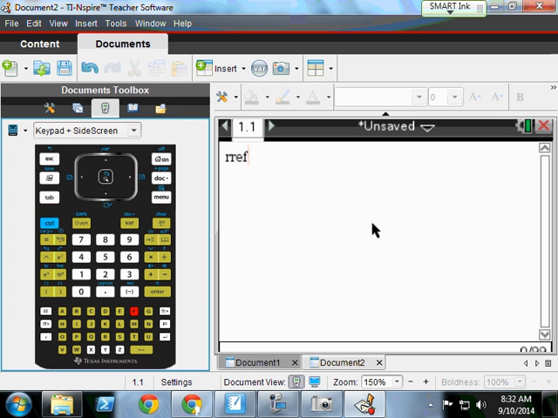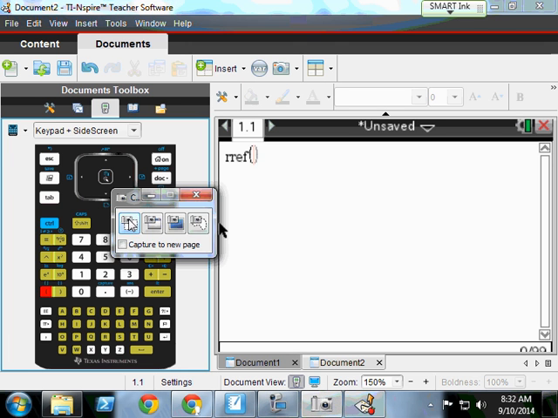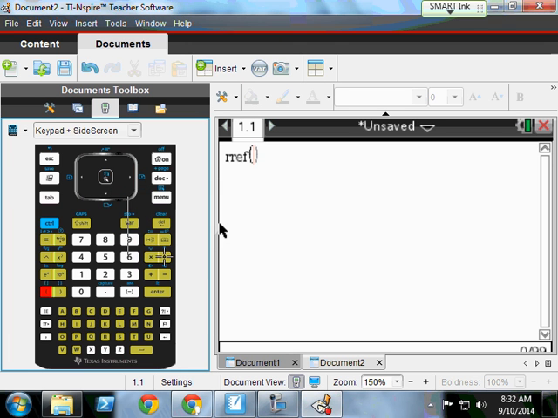Now, I need to tell it, I need to RREF a matrix, which is in the following group, so I do need to put some parentheses here. Okay? And then this button next to 9, right here is called your math palette button. We're going to use that.